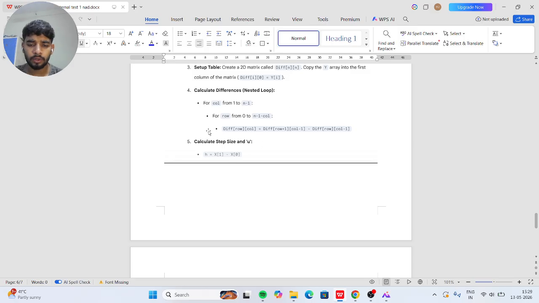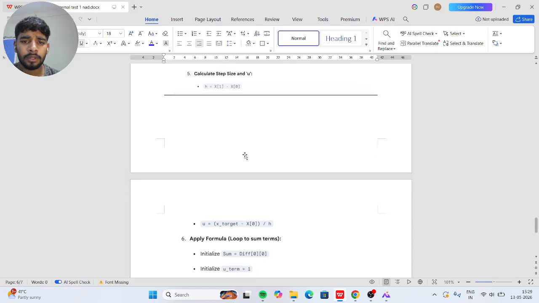The loop structure is: for column from 1 to n minus 1, and for row from 0 to n minus 1 minus column, difference[row][column] equals difference[row plus 1][column minus 1] minus difference[row][column minus 1].